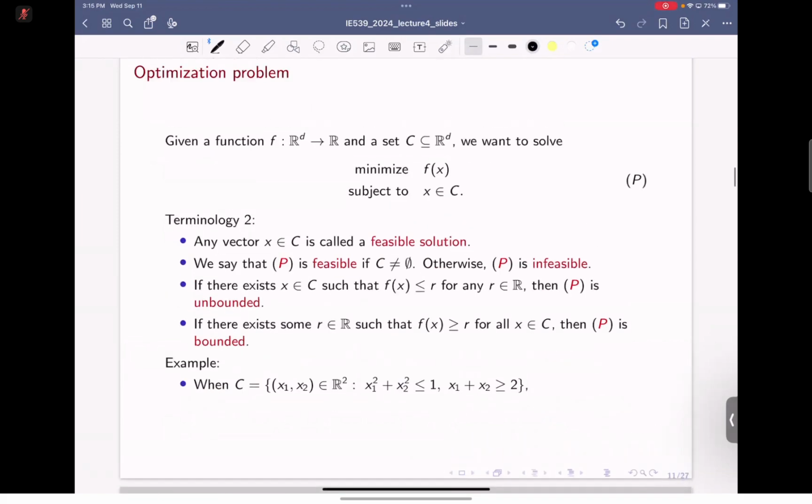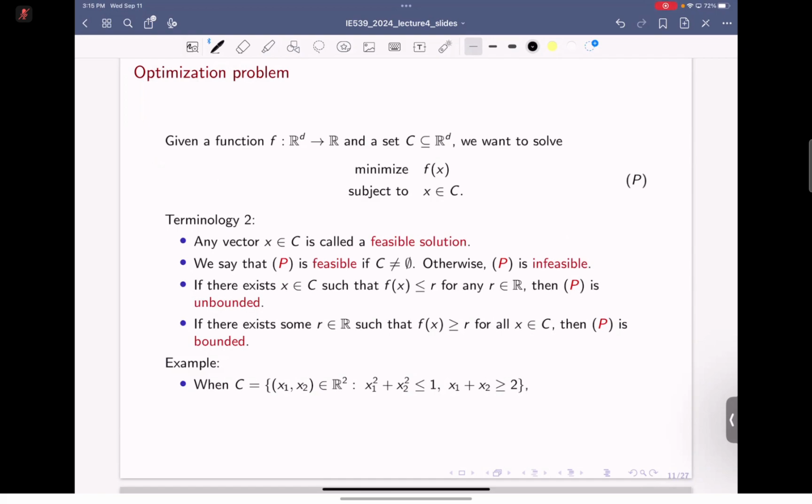Let's look at this example and determine whether it's feasible, unbounded, bounded, or infeasible. Let me give you the answer.